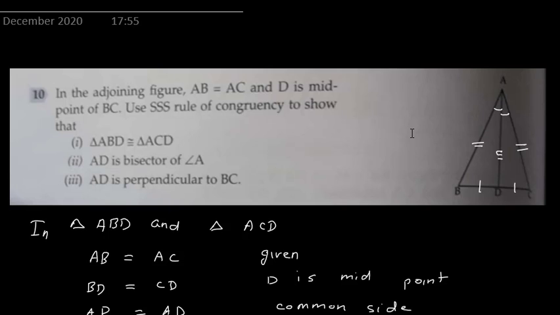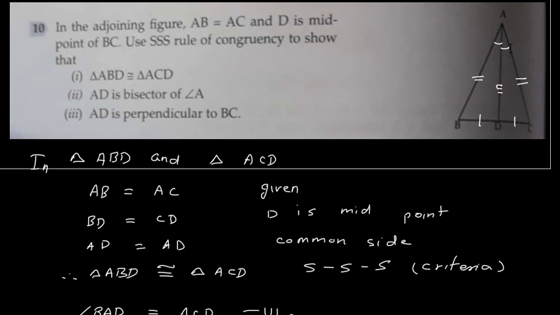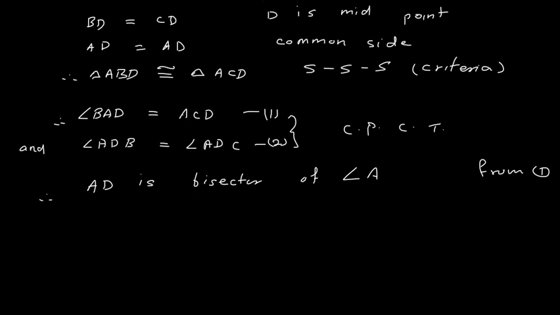That means AD is the bisector of angle BAC. Now angle ADB plus angle ADC is equal to 180 degrees. The reason is linear pair angle.